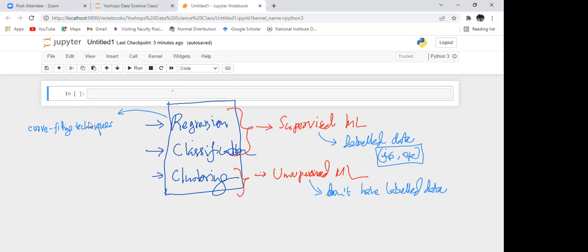When we say curve fitting technique means you have data points and the target is to find a curve that best fits those data points. So when I say regression means it includes both linear, non-linear. We have linear regression, we have non-linear regression as well. So first we will try to deal with the linear regression thing. Okay.